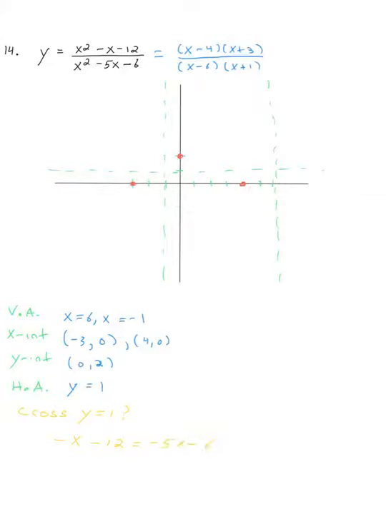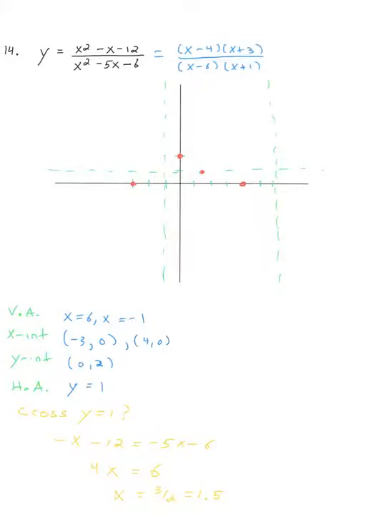After adding 5x to both sides, as well as 12 to both sides, and dividing both sides by 4, that gives me 6 over 4, that's 3 over 2, or 1.5. So at 1.5, or 3 halves, the graph should equal 1. And that's the only place where it happens. So over here, the graph goes up to 1 but never equals it. And then the same thing happens over here.